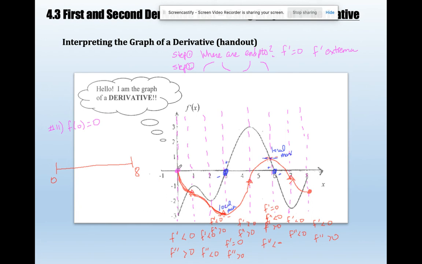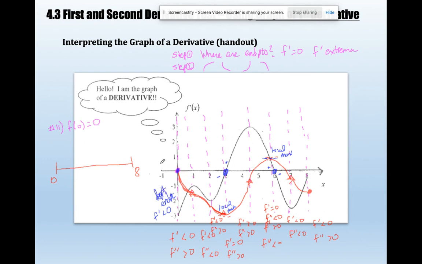I have a right endpoint, and for my right endpoint, the first derivative is negative right after it. Therefore, I am decreasing from the left endpoint.